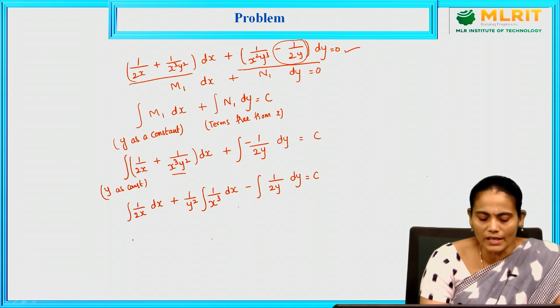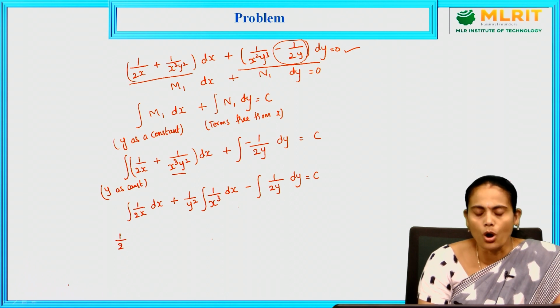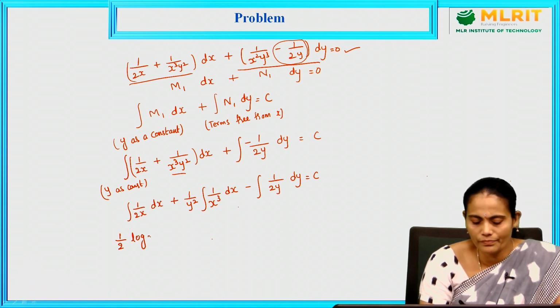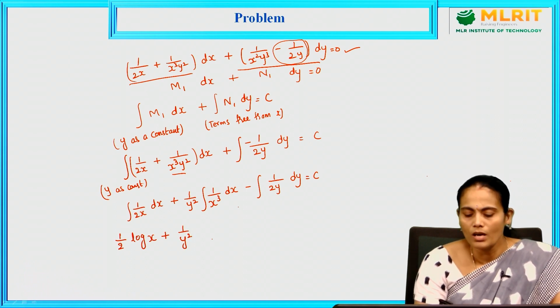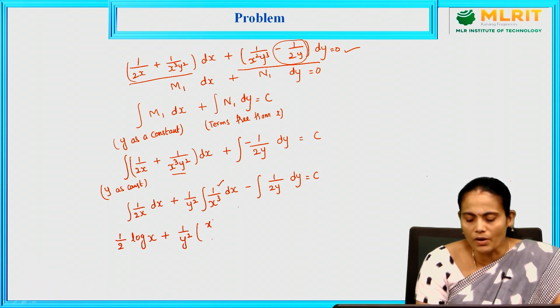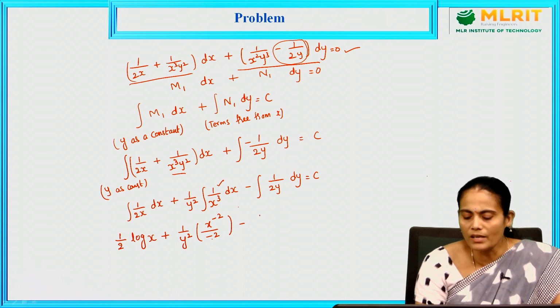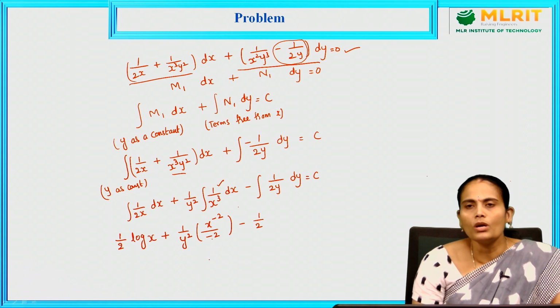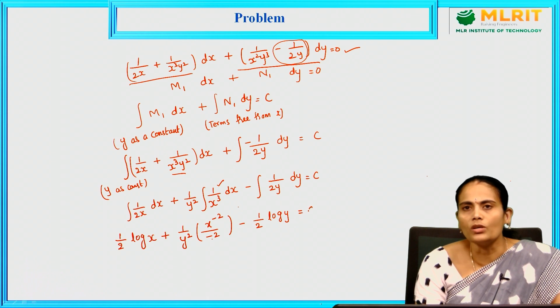So now see the integration here. 1 by 2 is a constant, then the integration of 1 by x is log x, plus 1 by y square into the integration of 1 by x cube, which is x to the power minus 2 by minus 2, minus 1 by 2 into integral 1 by y, that is nothing but log y, is equal to c.